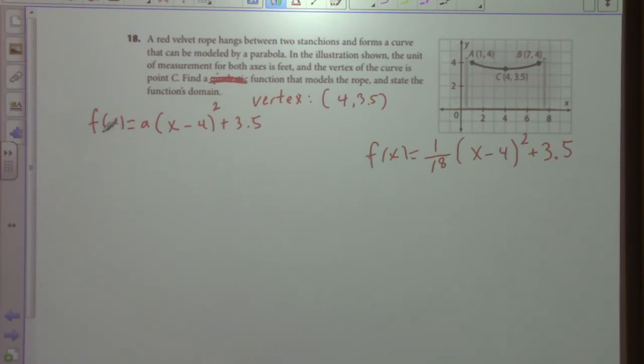And so if we use this 1, 4, where do those things go? Well, this is where our 4 goes, right? And then we have a, and now we have our 1, that's 1, right? Minus 3, no, minus 4, excuse me. Thanks for catching me. 4 squared plus 3.5.